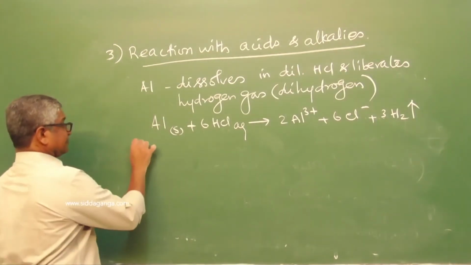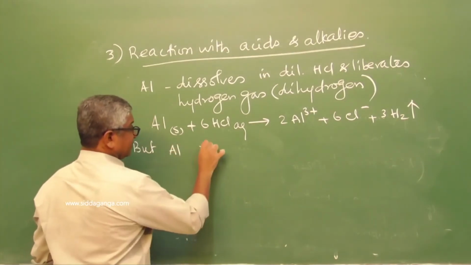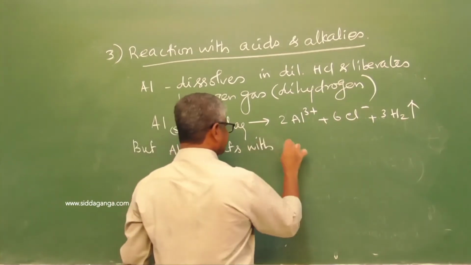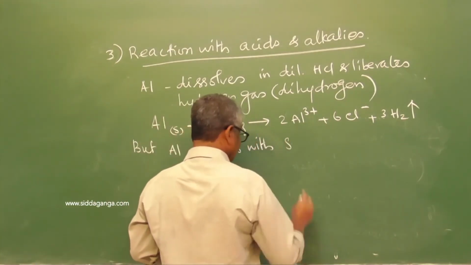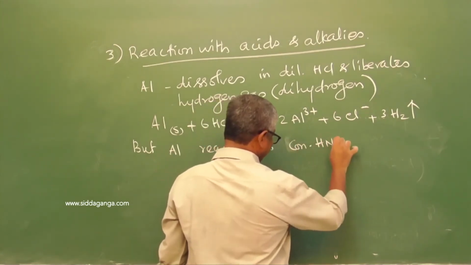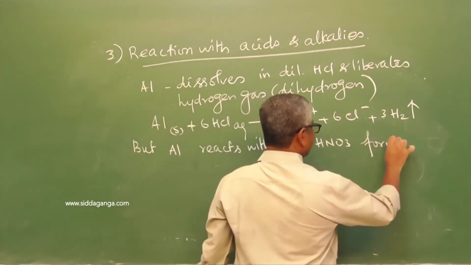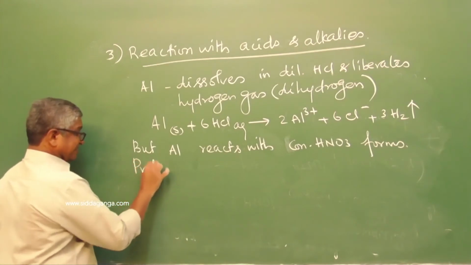But if aluminium reacts with concentrated nitric acid, it forms a protective layer on the surface.